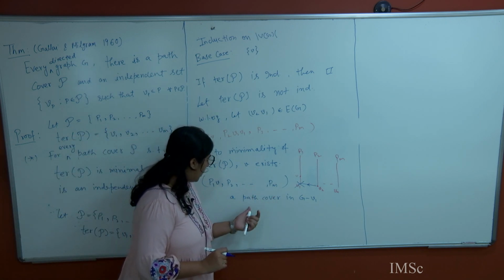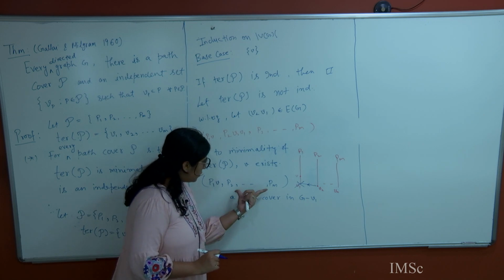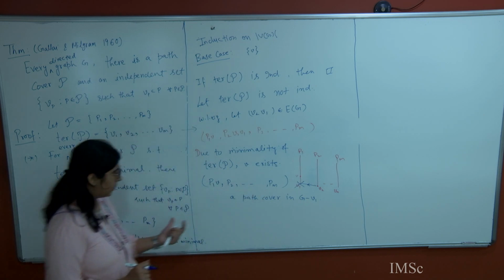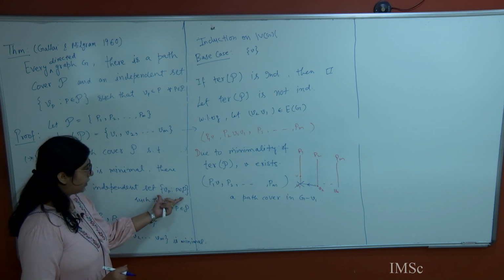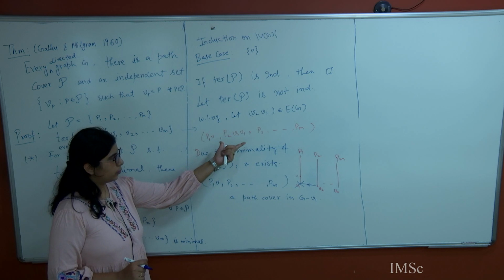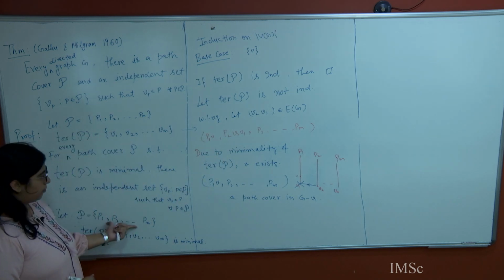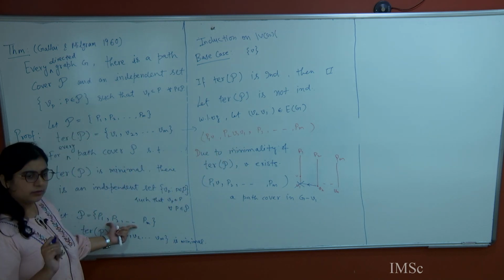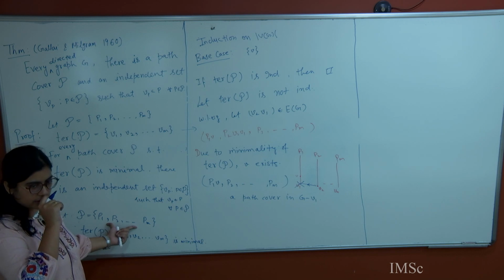So now notice that in this path cover, if I am able to find such an independent set, then that independent set would work for this path cover as well, right, in G. Is it okay?